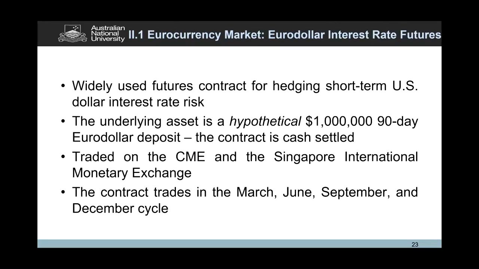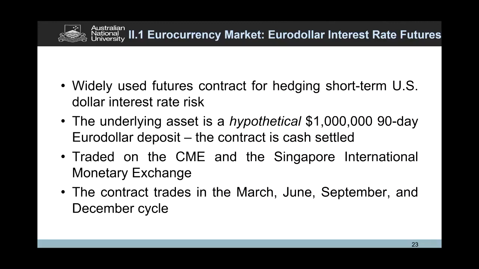And then we have the Euro dollar interest rate futures, which is predominantly used as a hedging mechanism, because we're talking about loans and instruments that are based on interest rates, and because these are fluctuating interest rates, the LIBOR, the PIBOR, and so on, they are changing from day to day.